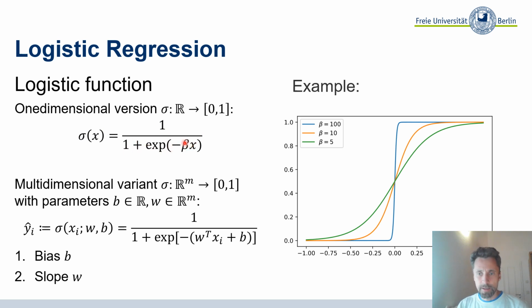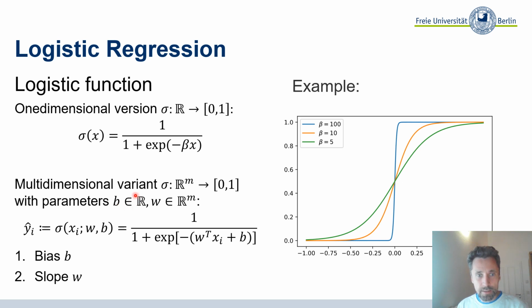And beta is a parameter here that controls how steep this gradual step is. So large betas make the function look like the Heaviside step function again, and smaller values for beta make this transition smoother. In the multivariate case, we have a mapping from n-dimensional vector space to 0 to 1, and we use parameters that you should already know.